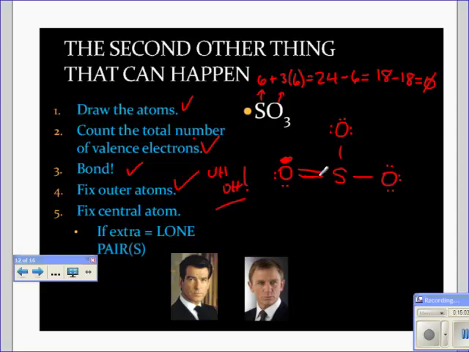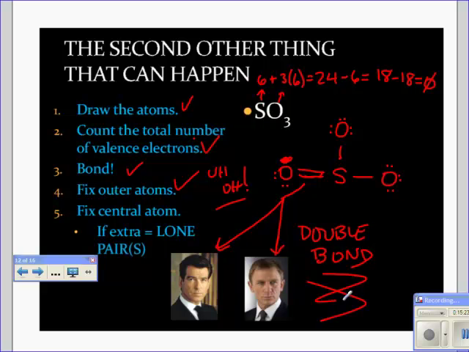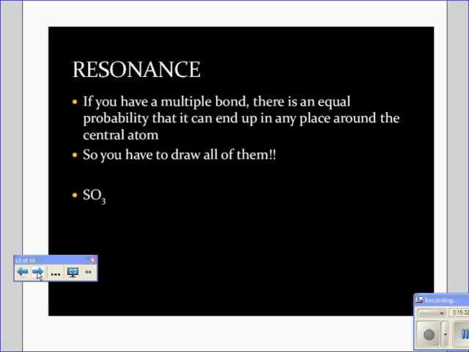And then that gets me 2, 4, 6, 8 on the sulfur, and still 2, 4, 6, 8 on the oxygen. And that's called, wait for it, a double bond. Oh boy. If you run out and the middle does not have 8, that's when you have to multiple bond.